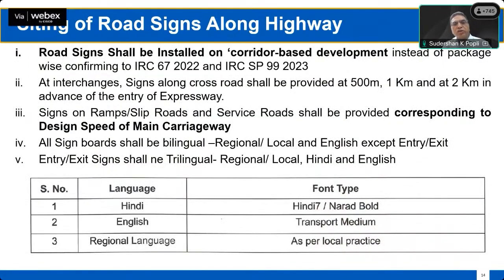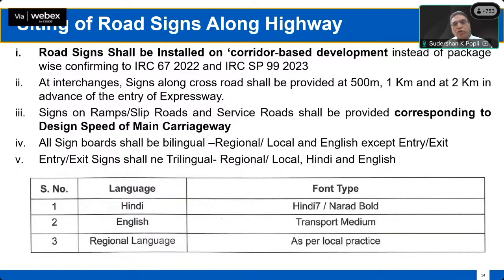So siting of the road signs along highways should now be done on a corridor basis, as has been done on the Delhi Mumbai Expressway, and is being done by Mr. Mudit on this Delhi Jammu highway expressway.